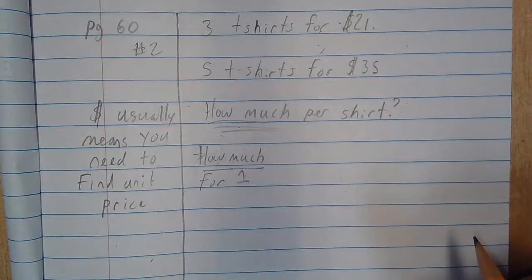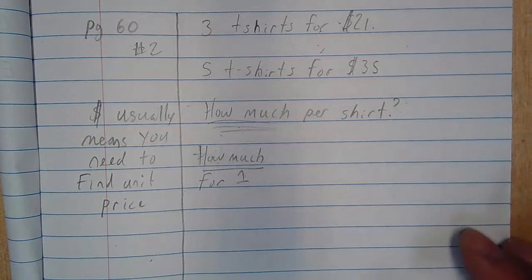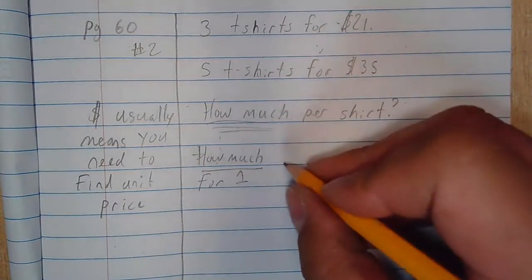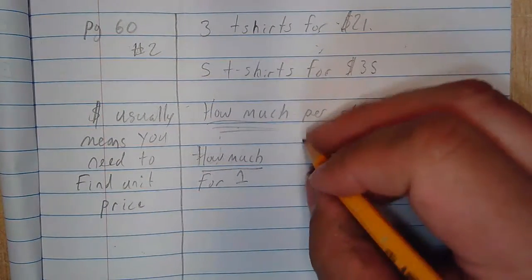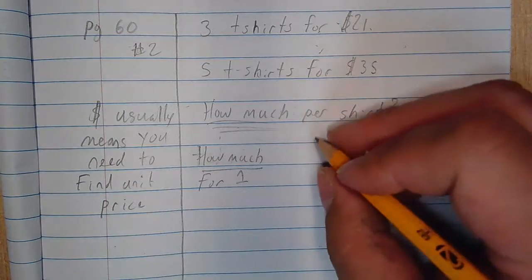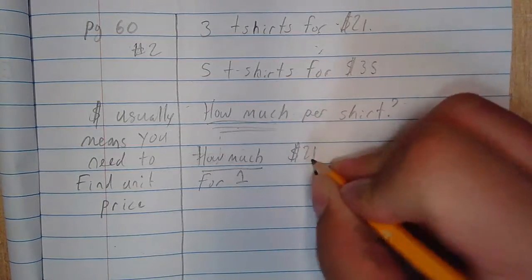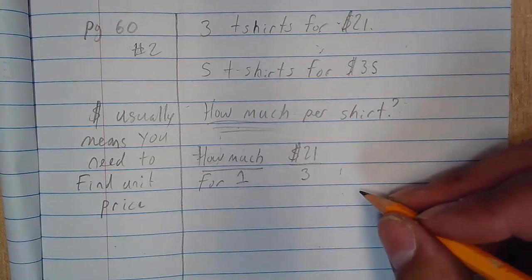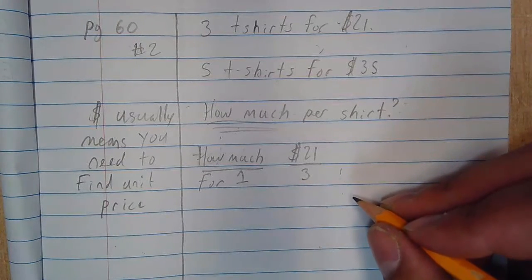All right. So what I'm doing here, and again, you might want to do it a different way. It's up to you. We have the money. We have $21 for 3 shirts. Right? $21, 3 shirts.